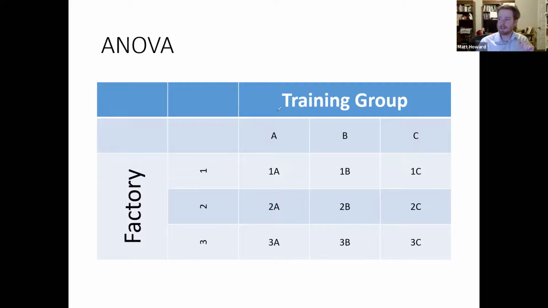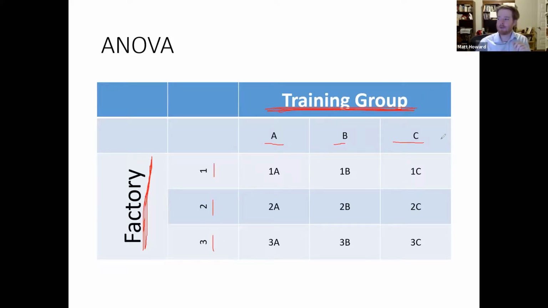We have a training grouping variable and a factory grouping variable. So we can see, is there a difference among training group A, B, and C, and is there a difference among factory 1, 2, and 3, and we can assess those differences at the same time.